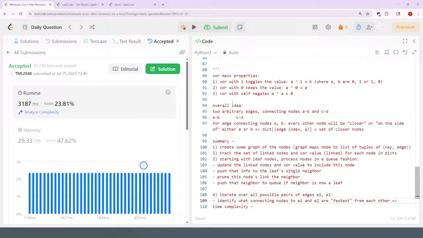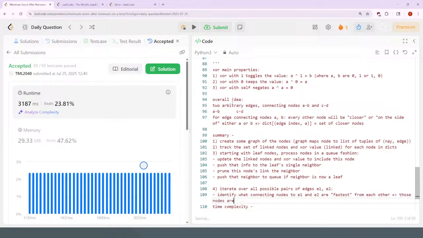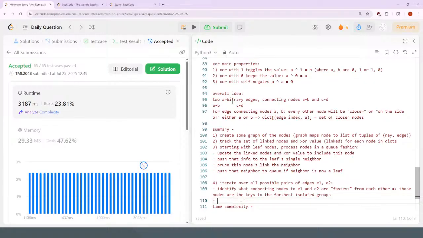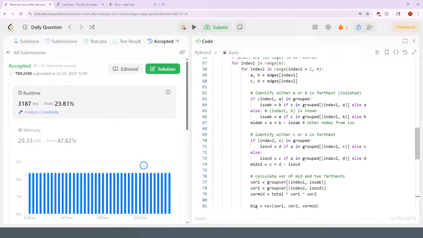So those nodes are the keys to the farthest isolated groups. And then the middle nodes, actually, do I ever need to use the middle nodes?